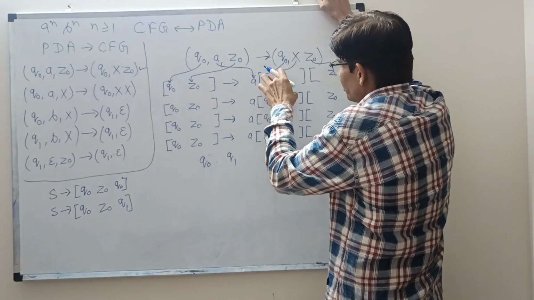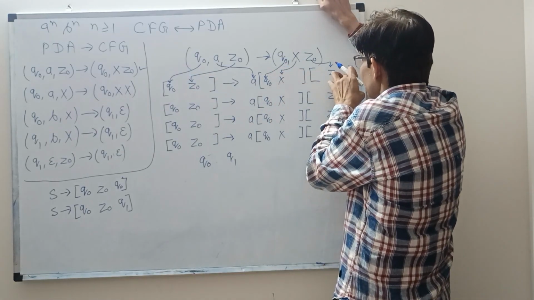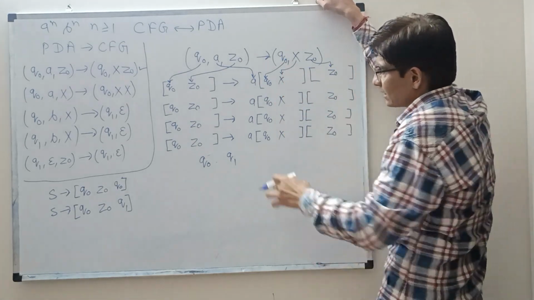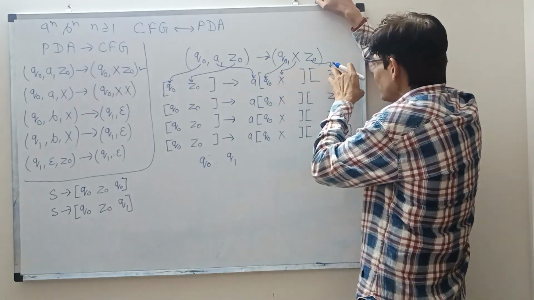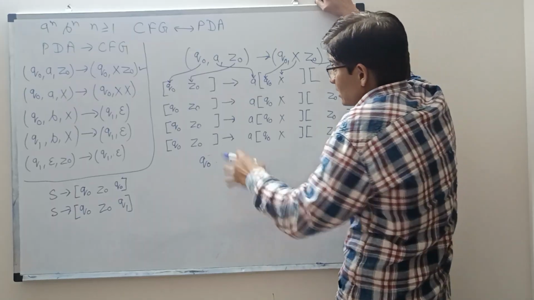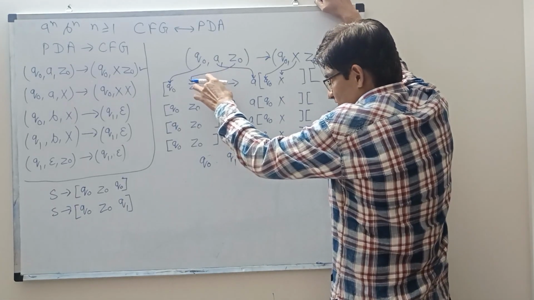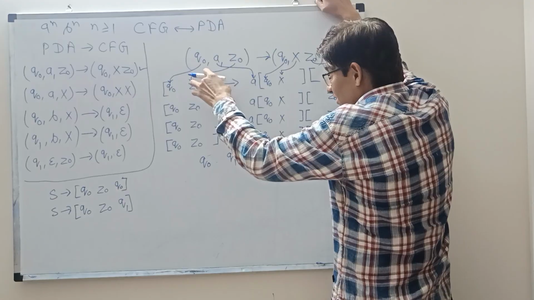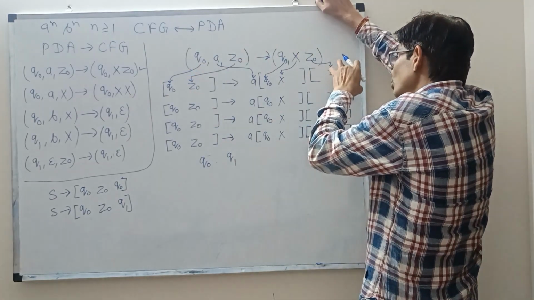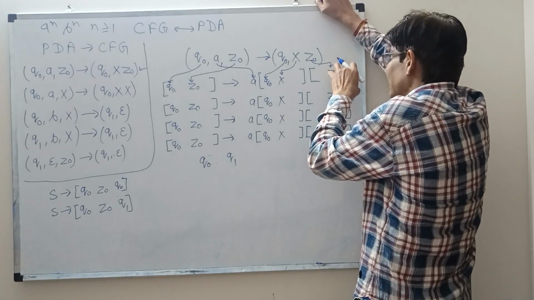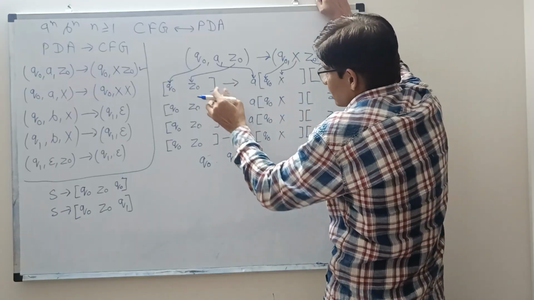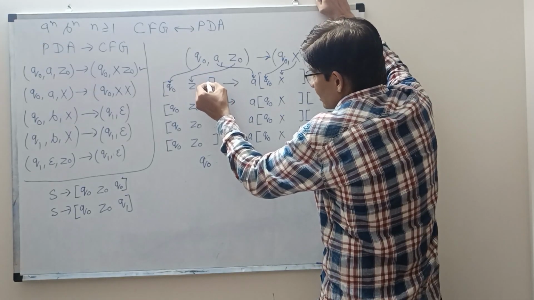You have four positions here: 1, 2, 3, and 4. Now I will tell you how to fill these positions. Whatever comes in this position, the rightmost symbol of the left hand side variable and the rightmost symbol of the right hand side variable would be the same.